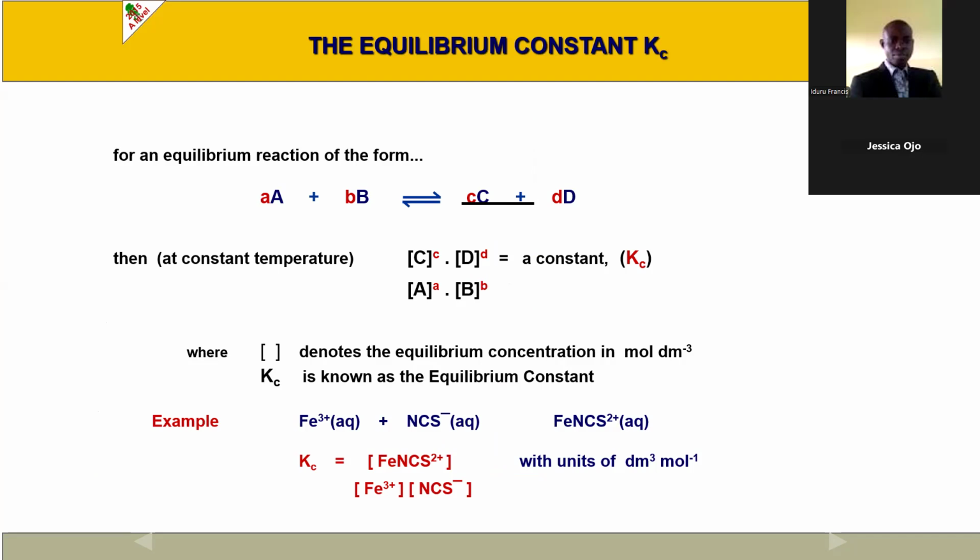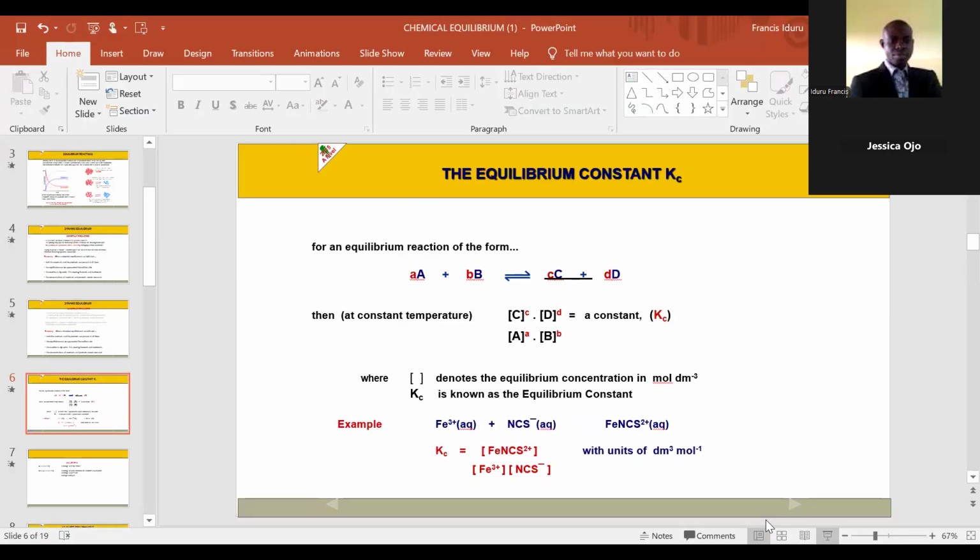It is the concentration of the product, which is your C times D to the power of their number of moles, over the reactant, which is your A times B to the power of their number of moles. That is your equilibrium constant.